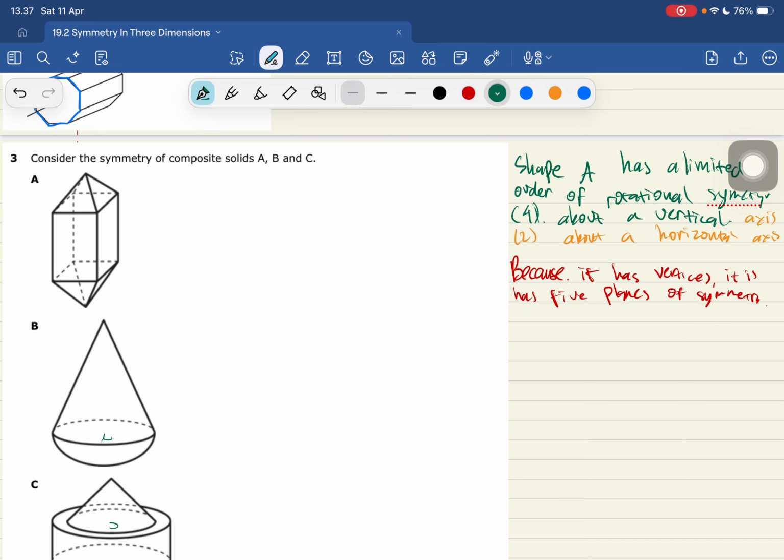Okay, so for shapes B and C, they are not limited, so they have an infinite order of rotational symmetry.